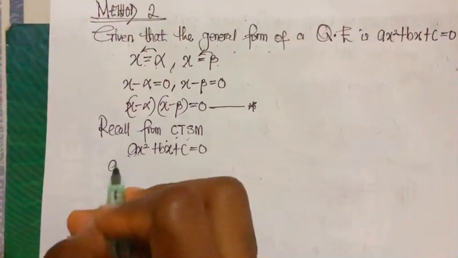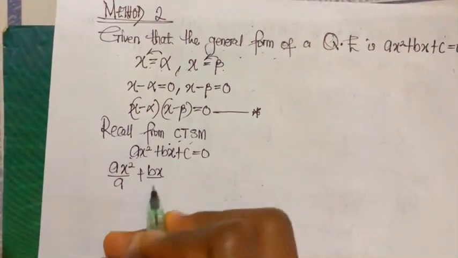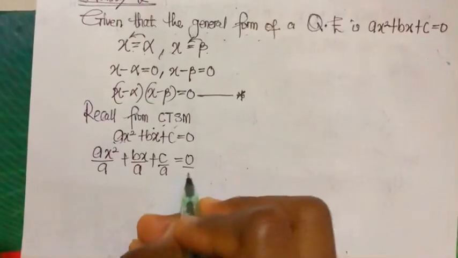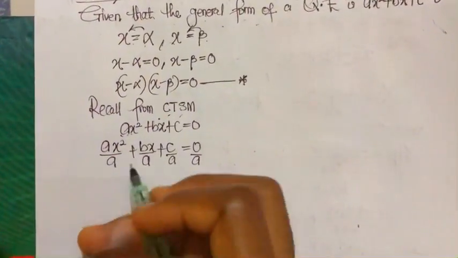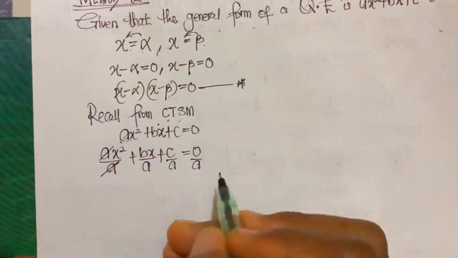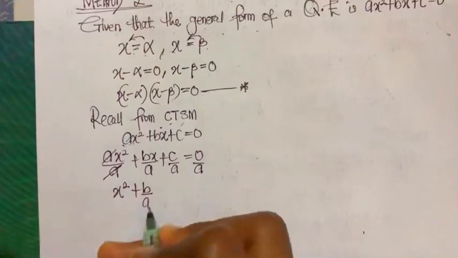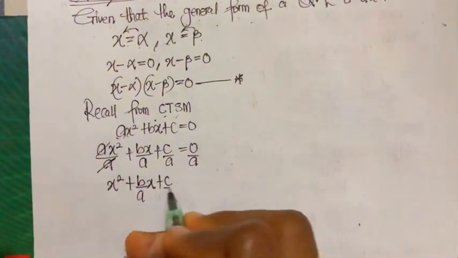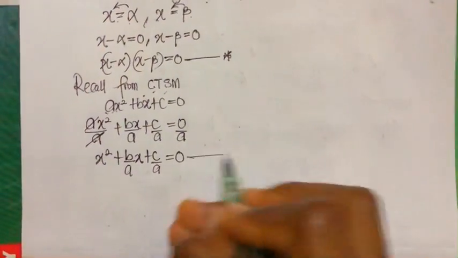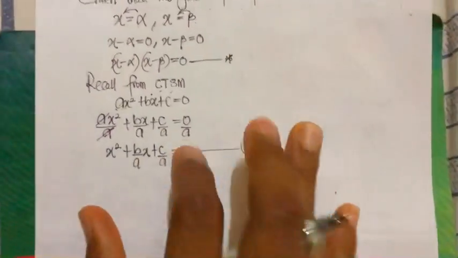So we have ax squared over a plus bx over a plus c over a equals 0 over a. Now the a's nullify, and 0 over any number is 0. So this can be written as x squared plus b over a x plus c over a equals 0. I will call this equation 1. Just keep it over here.